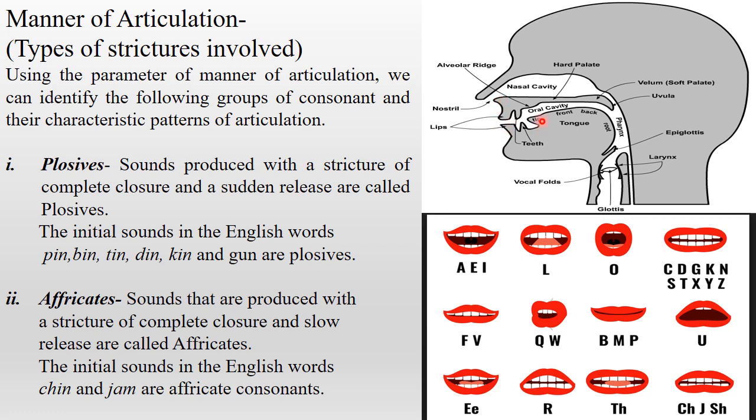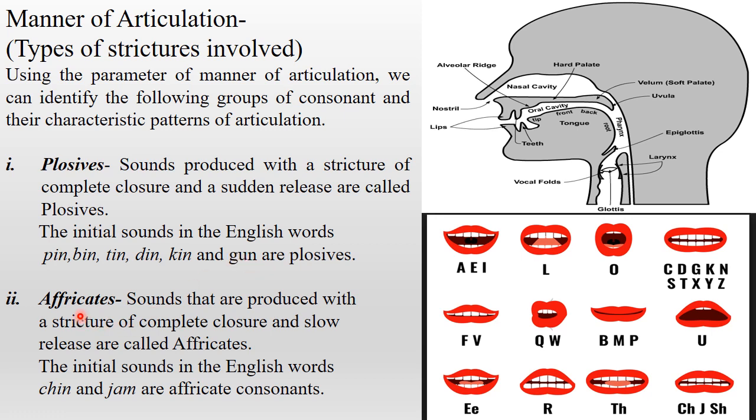Again, in case of tin, the tongue will touch the roof of the mouth, restrict the air and suddenly release. Same for din, kin, and when you are talking about the sound gun, at that time the back of the tongue is raised. Here it is going to shut the air, complete closure, and sudden release, and the sound is produced.